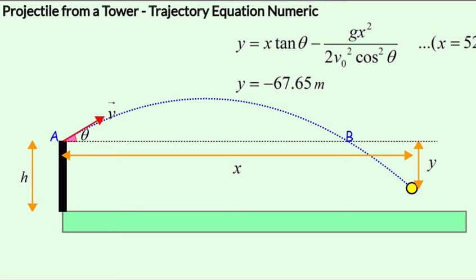Now using the second form is something we need to be careful about. So let's try and solve this very same problem using the second form of the trajectory equation.